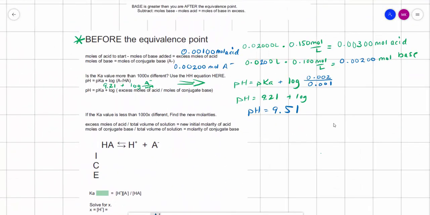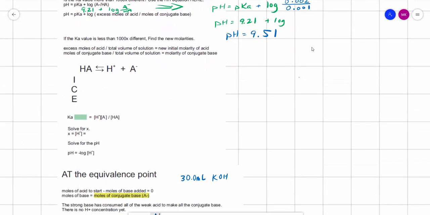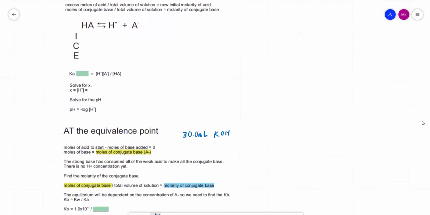So I have 0.003 moles, but I have 50 milliliters. So the moles of the conjugate base, 0.00300 moles of my conjugate base, because it's equivalent to the moles of the base added. And at the equivalence point, the moles are equal.